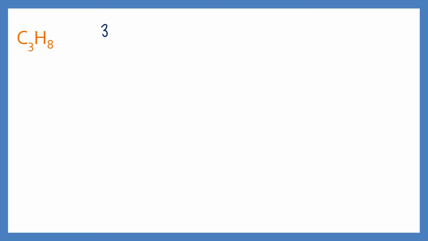So 3 carbons times 4 valence electrons gives us 12 valence electrons from carbon. Hydrogen is in the 1st column of the periodic table, and we have 8 hydrogens. So times 1 valence electron per hydrogen, that gives us 8. That adds up to 20 valence electrons.